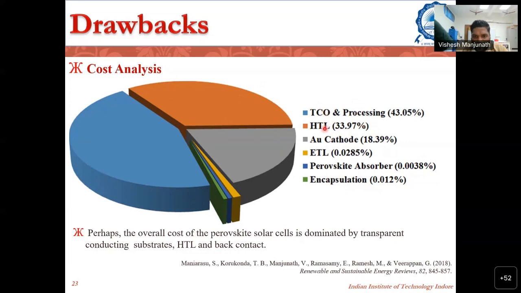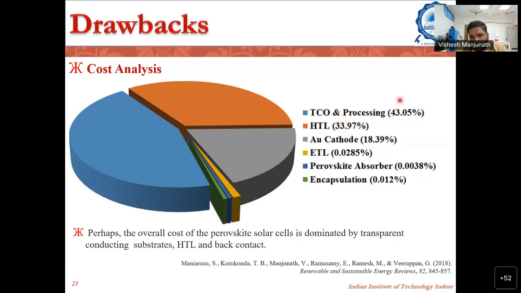If you want to further reduce the cost, research has gone in the direction of replacing gold with carbon, which drastically reduces this part. Then there is replacing spiro-OMeTAD with inorganic HTLs, like nickel oxide and copper thiocyanate. Using some inorganic material, you can again reduce the HTL cost.